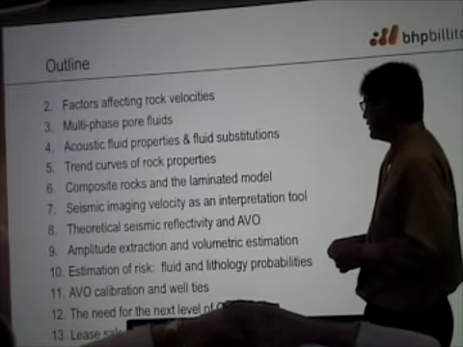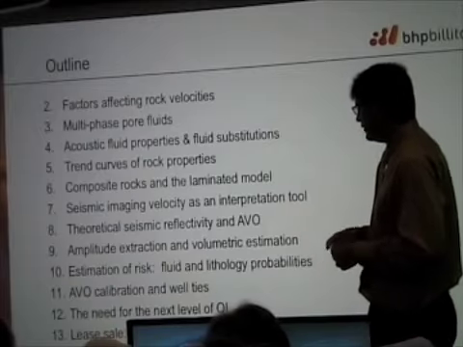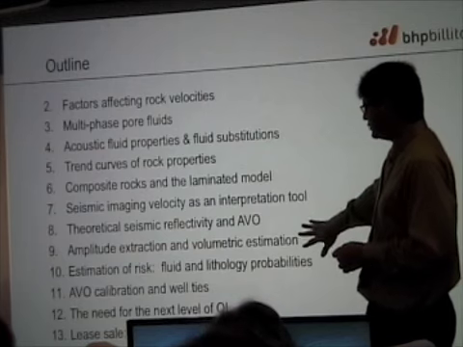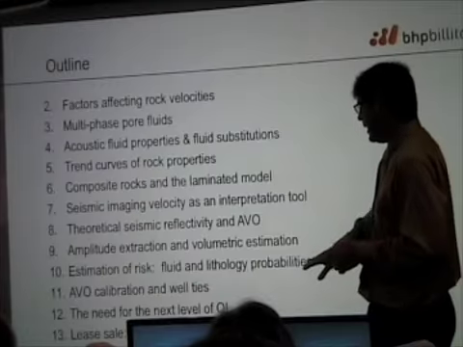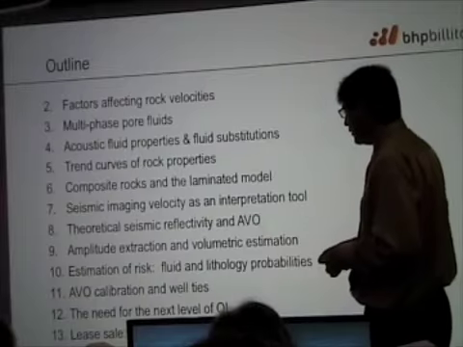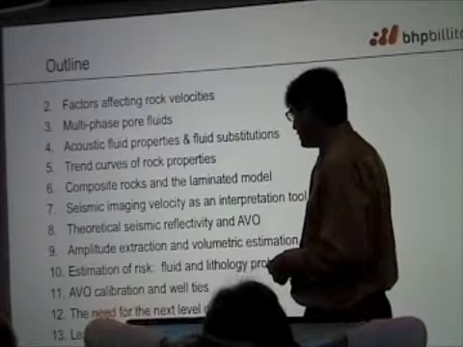The next one goes about how we calculate the theoretical seismic reflectivity, AVO. How do we extract amplitudes in ways that we can make sense of? How do we estimate risk? And that's where I tell you all about Bayes and have a little quiz on it. We talk about well ties and calibration.